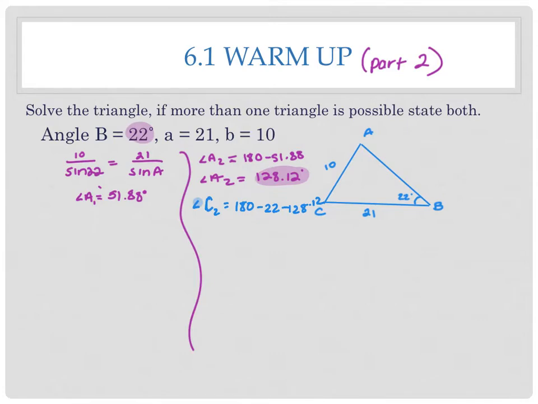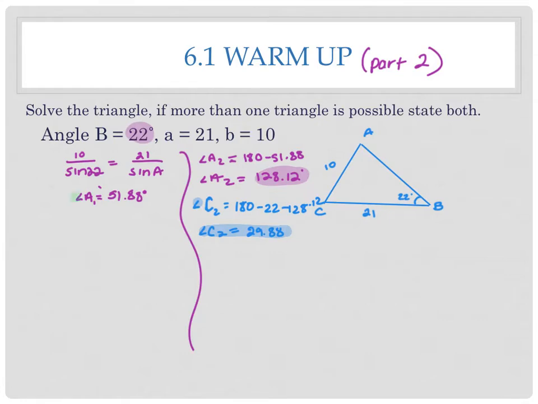And this time it's positive. So I know there is a second triangle, triangle 1, 2, which means I've got one more step on this second triangle. I'm going to finish the first triangle and then come back to it, but I'm going to remember that there's a second triangle.